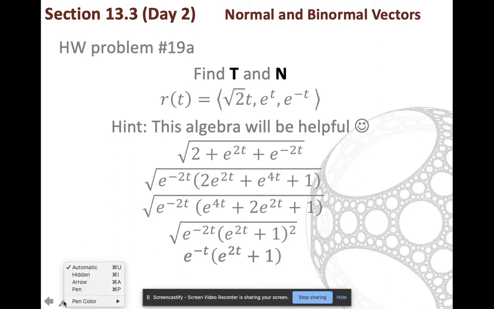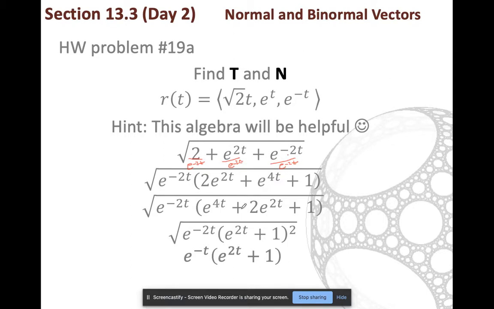It's just not. But I'm going to show it to you. If you divide everybody here by e to the negative 2t, look what happens. I divided every term by e to the 2t, and I balanced it out by multiplying by e to the negative 2t. This e to the negative 2t, I moved up to the numerator, moved this one up to the numerator, and this, of course, was 1.